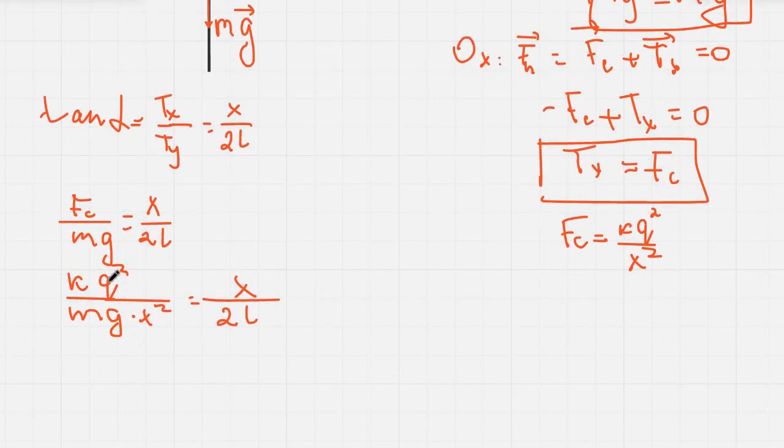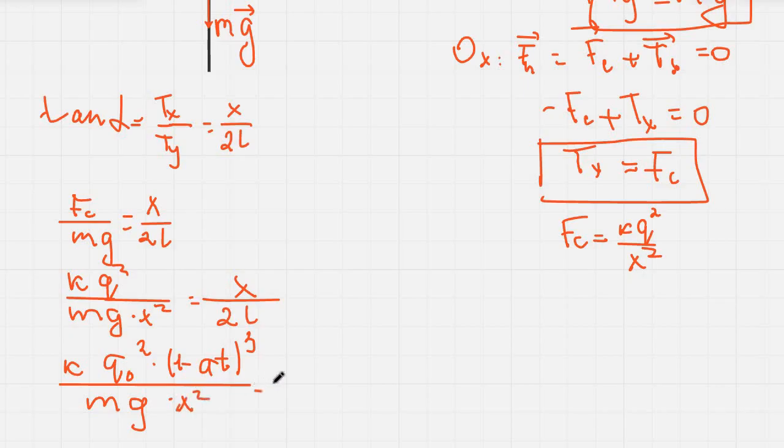It's Q0 squared multiplied by (1 minus a t) to the power of 3, over mg. So x squared times x equals that, times 2L.